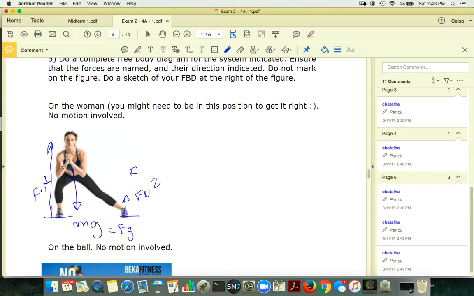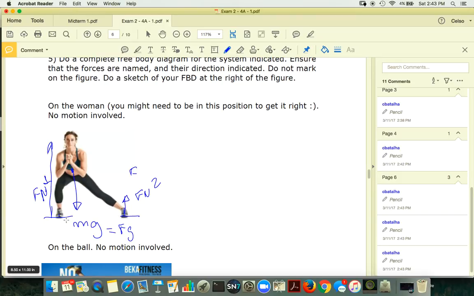Something like that. Oh no, it can't be bigger than her weight, otherwise she would be jumping. Anyway, I'm not picky on the vector size, but the direction is that, and you should be able to give different names to the two different normal forces.